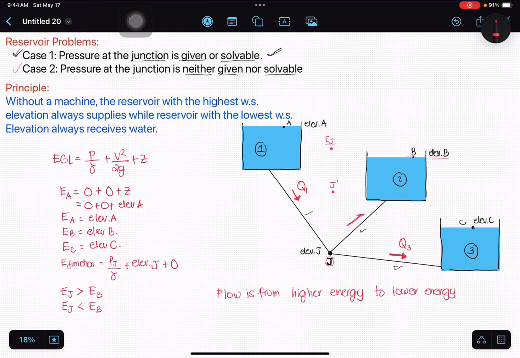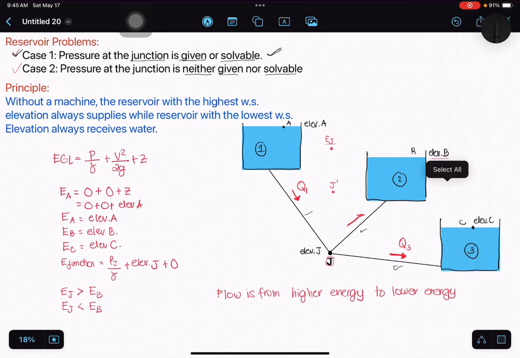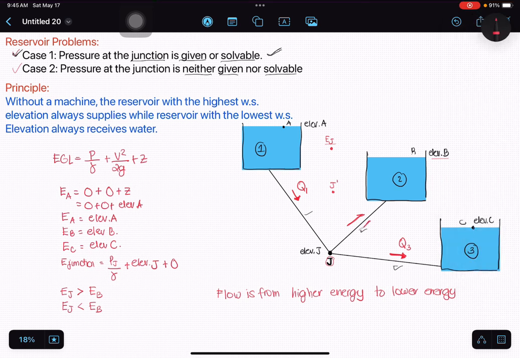So ano mangyayari? Ang mangyayari is mag-flow from higher energy level, which is at reservoir B, papunta sa lower energy level, which is at the junction. So in this case, susupply na ang ating reservoir B sa ating junction.